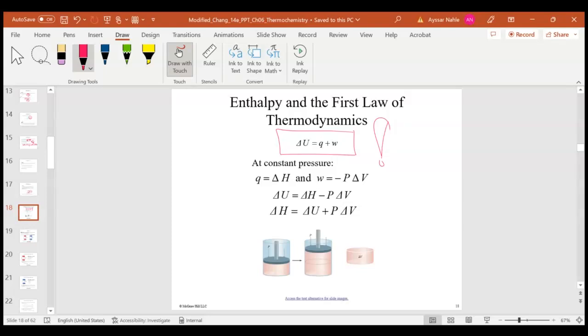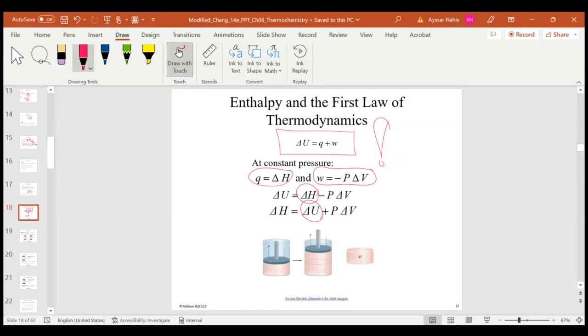At constant pressure, Q is equal to delta H, and the work always equals this much. You remember these equations, yes? That's from a chemical reaction, and this depends on the pressure and the delta V. And delta U will be equal to delta H minus P delta V, or instead of saying delta H here, you can say delta U, and they are the same.